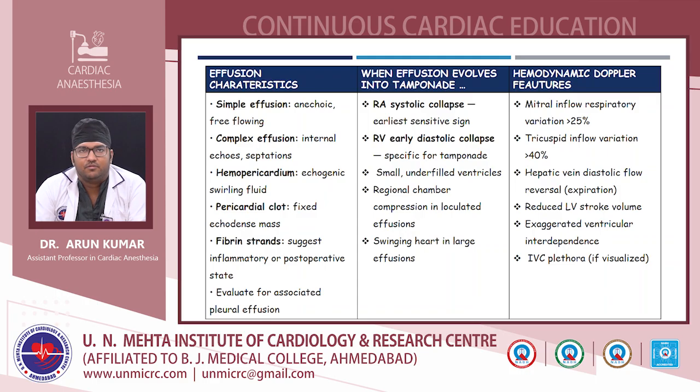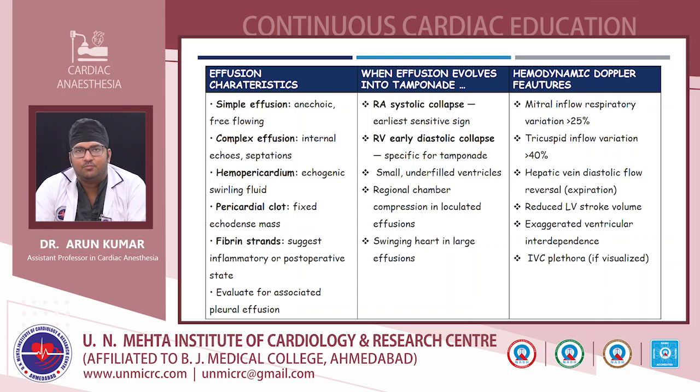When an effusion evolves into tamponade, the findings would be RA systolic collapse, which is the earliest sensitive sign, and the most specific sign would be RV early diastolic collapse. There will be a small underfilled ventricle, there can be regional chamber compression in loculated effusion, and we can see a swinging heart in large effusions.